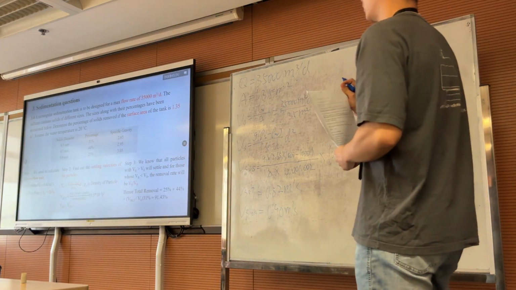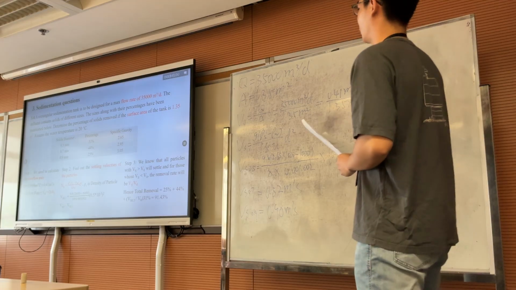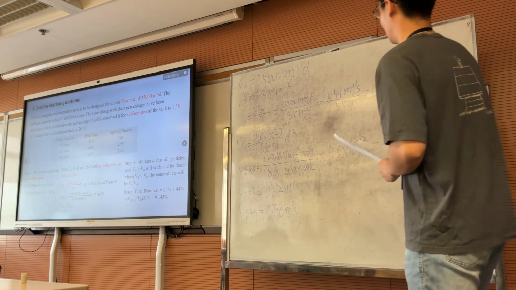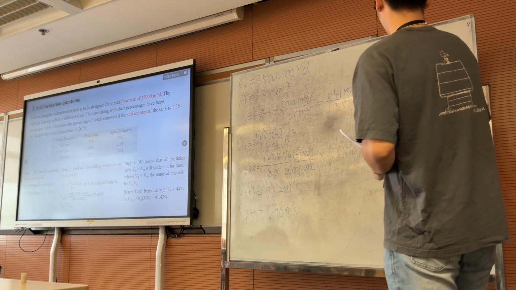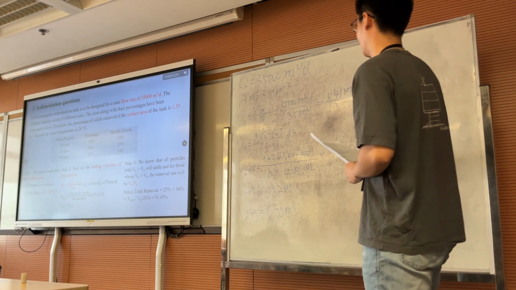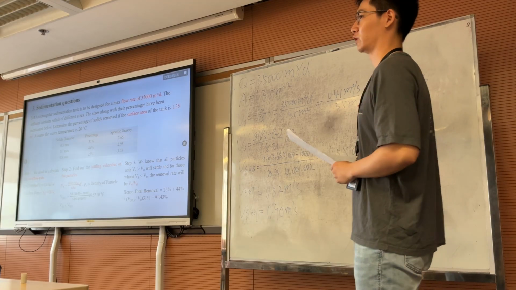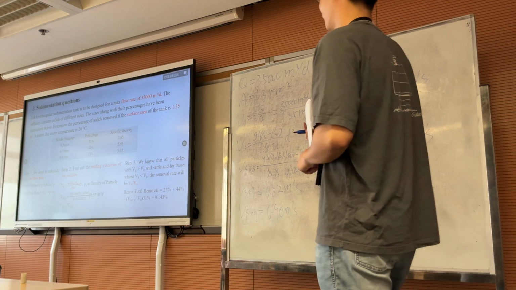The next step is to do the comparison. We compare the overflow rate and the different settling velocities. If the settling velocity is bigger than the overflow rate, then this particle can be removed completely.